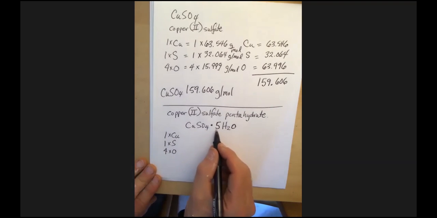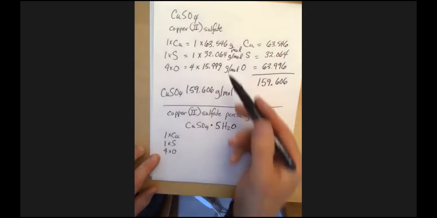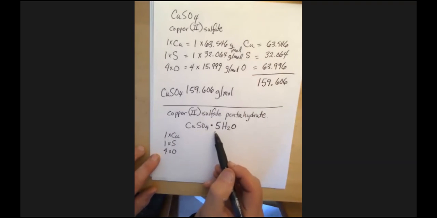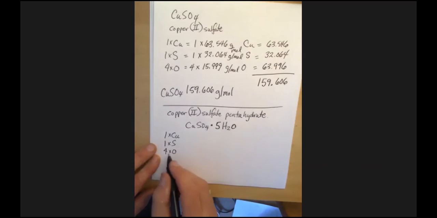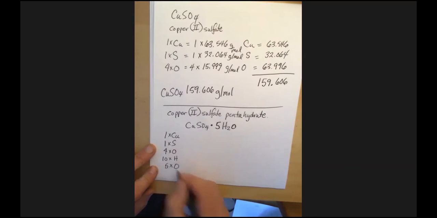So now I've got just like we had above. Now I'm going to worry about my 5 water molecules, which is 10 times hydrogen and 5 times oxygen.